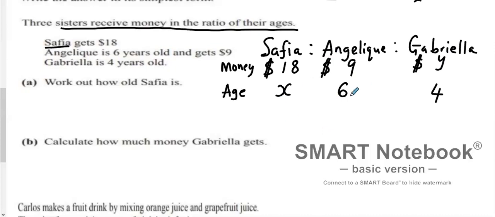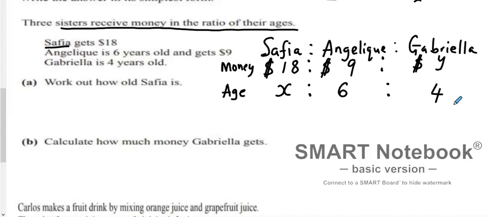The first thing you have to do is to write the money in the form of a ratio. This means 18 : 9 : Y. The same applies to age. The age will be X : 6 : 4. 3 sisters receive money in the ratio of their ages.